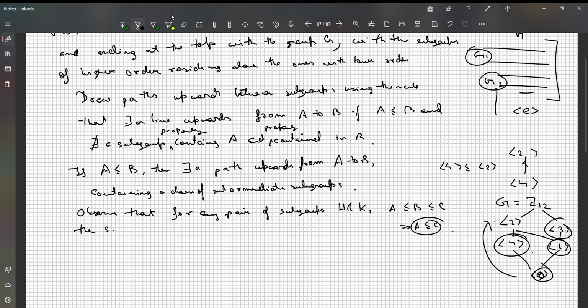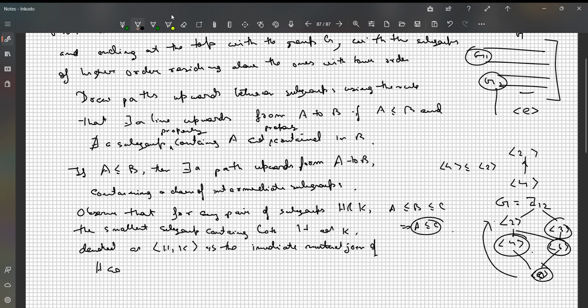The smallest subgroup containing both H and K, denoted as HK, is the immediate mutual join of H and K.